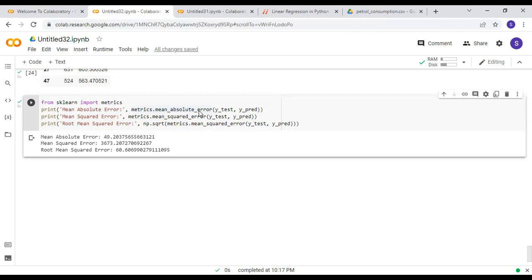And the root mean square is the square root of the mean square value.